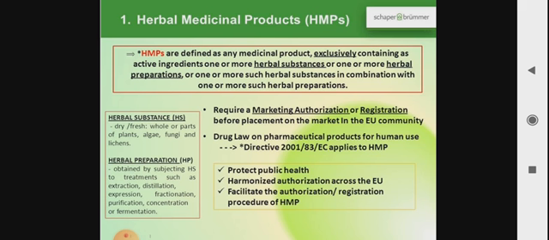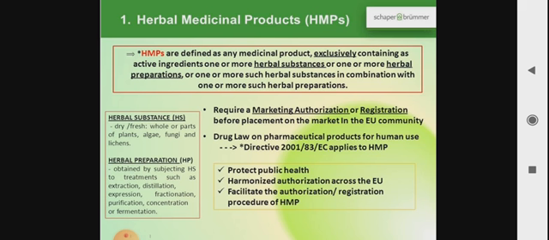According to the law on pharmaceutical products for human use, directive 2001/83/EC, meaning European Community, applies to HMP, and that requires a marketing authorization or registration before placement on the market in the European community.